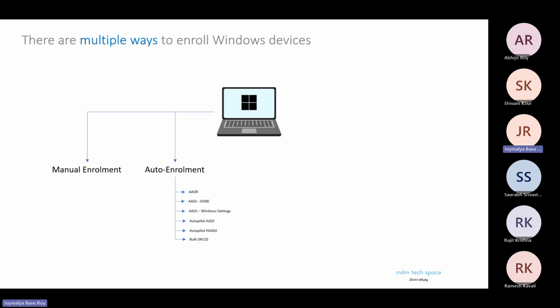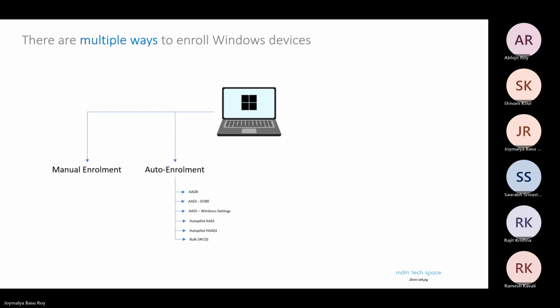If your automatic enrollment is not enabled and you do an Azure AD registered device or an Azure AD join, in Azure AD the device state will show as Azure AD joined yes or Azure AD registered yes, but under the MDM column it will show as no.